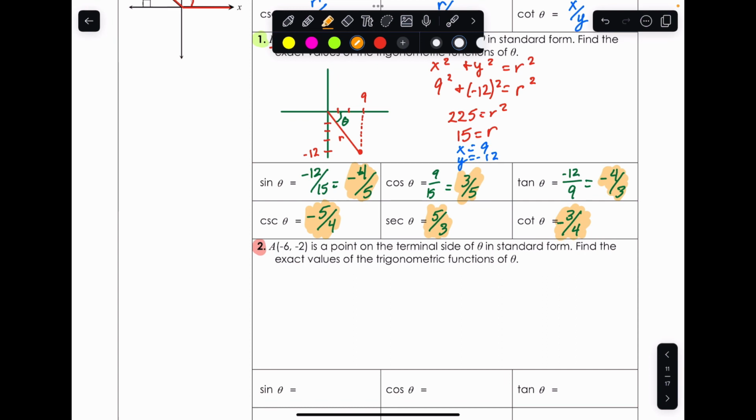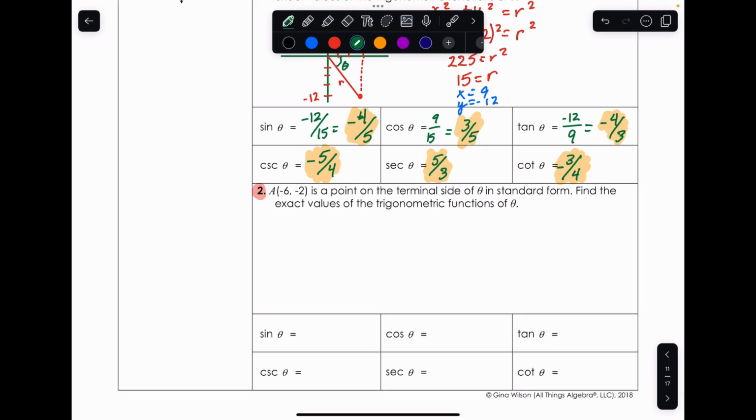Okay, so what I want you guys to do is the exact same thing. Work on number 2 on your own, or if you're with someone in class, work with them. But I'll show you the first setup. We have a point that is at (-6, -2).